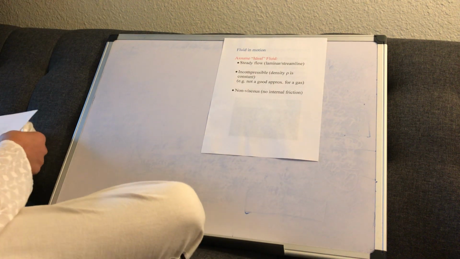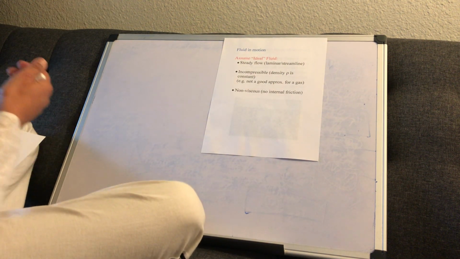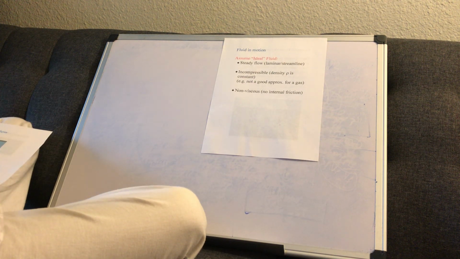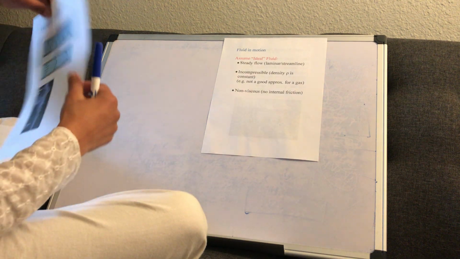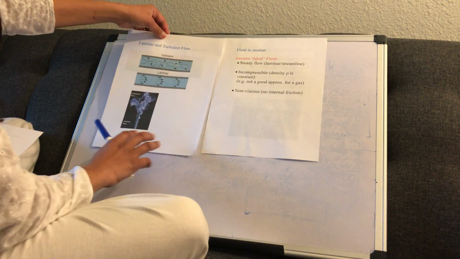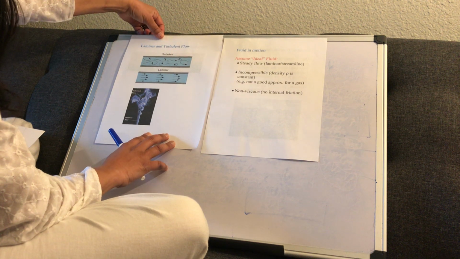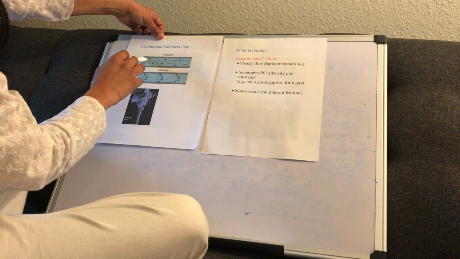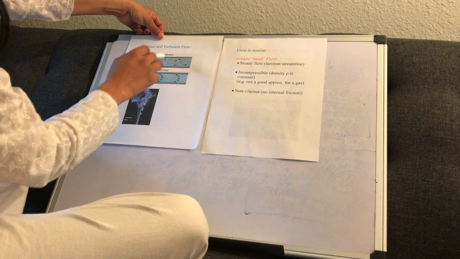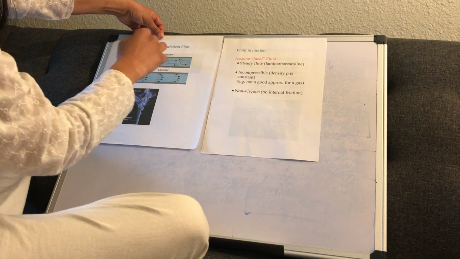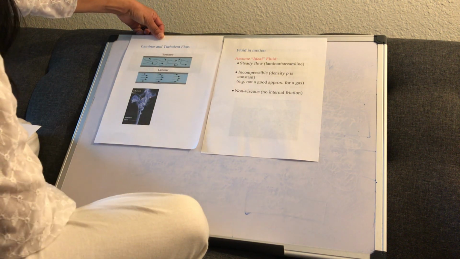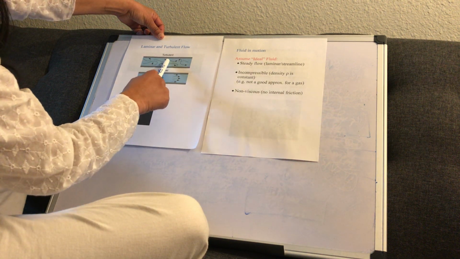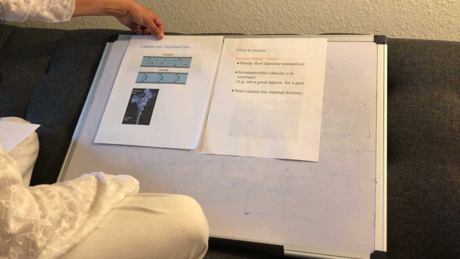Now let's talk a little bit about laminar flow. I have a picture here for laminar and turbulent flow. We have some fluid here. Some of the fluid is going counterclockwise, some is going clockwise, and some is in a different direction. When the fluid is flowing in all these different directions, that is referred to as turbulent flow.